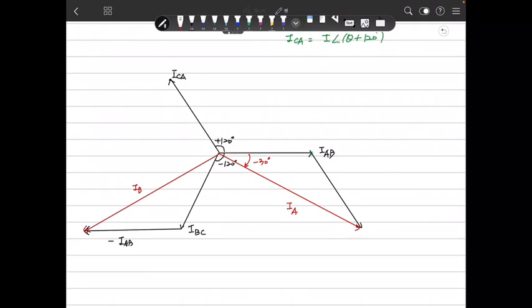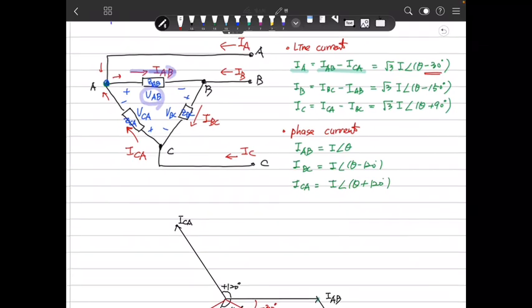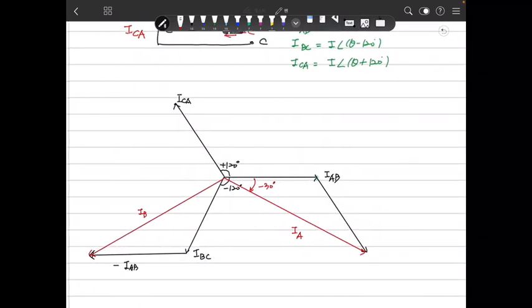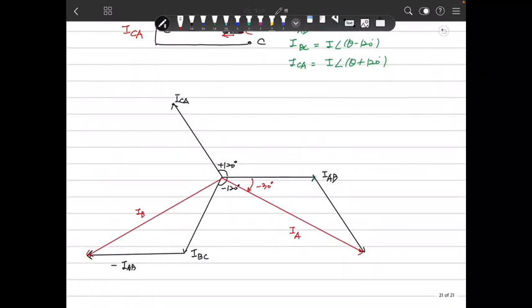And IC, in the same way, we can draw IC here.